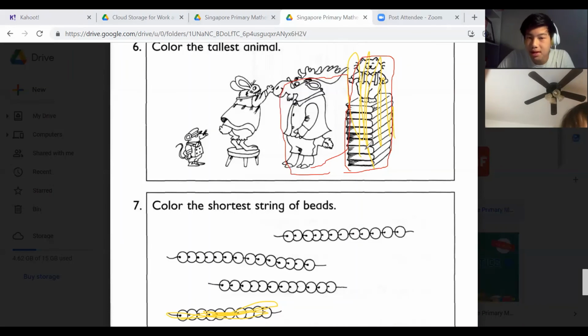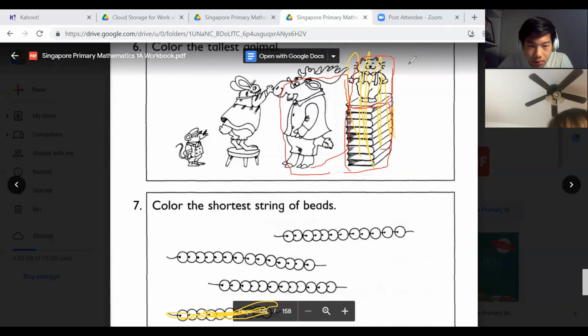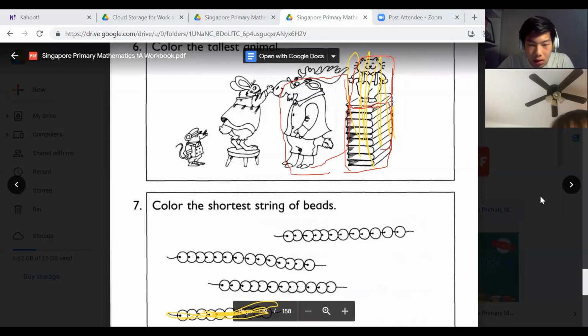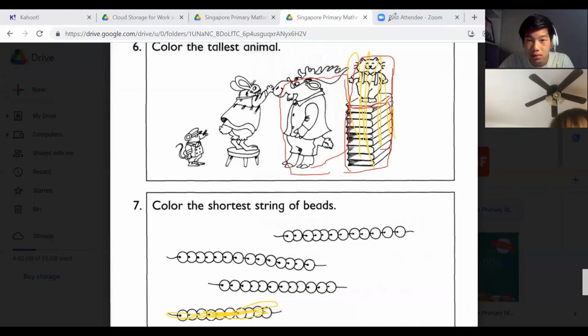It really depends on the person, because some people might say that this cat itself isn't the tallest, but because it has books under it, it is the tallest. Either way, nice job. And for the second one, color the shortest string of beads. I'm not gonna count, but I'm pretty sure you're right. Nice job.